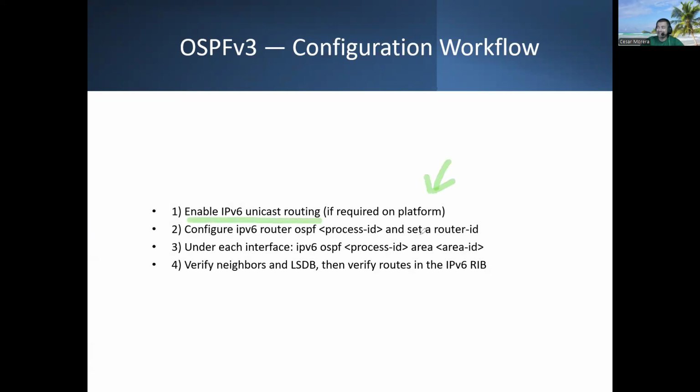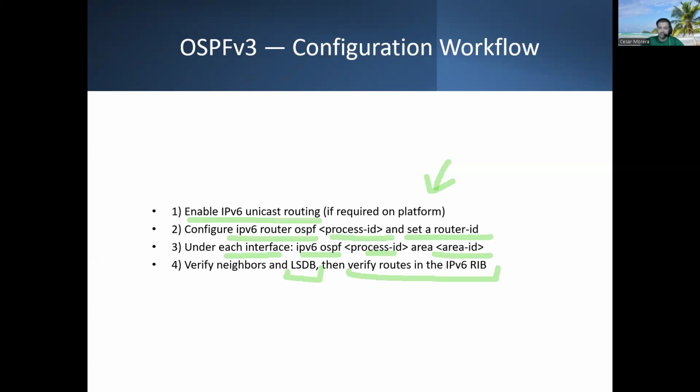That is the first step. Then we have to configure ipv6 router ospf, the process ID, and set a router ID. Then we have to configure each interface with ipv6 ospf, process ID, and then the area ID, and verify the LSDB and validate the routes in the IPv6 RIB.